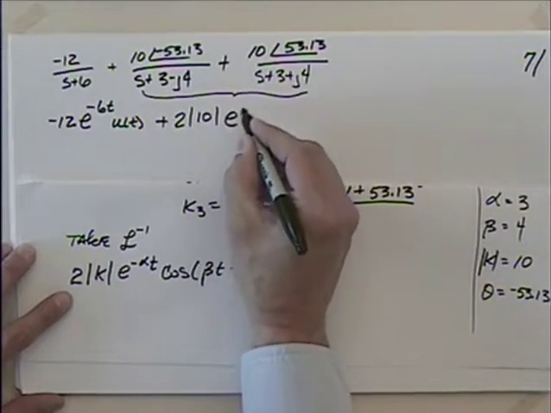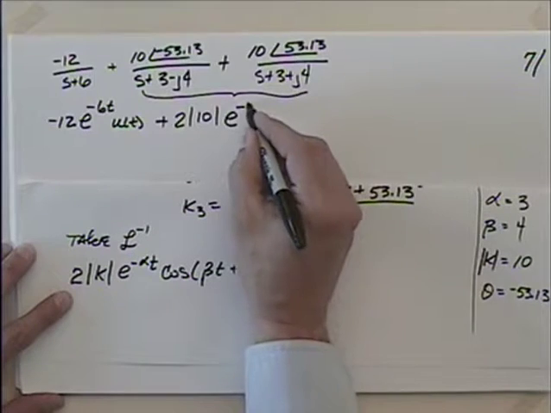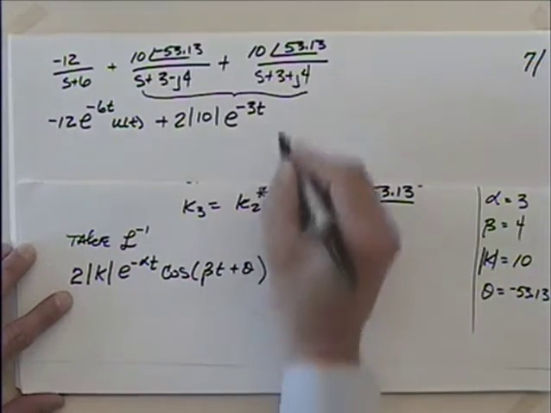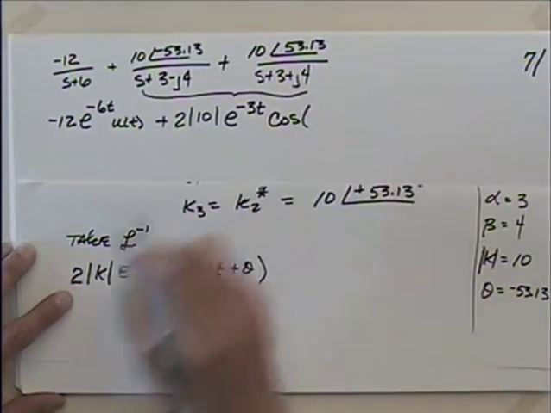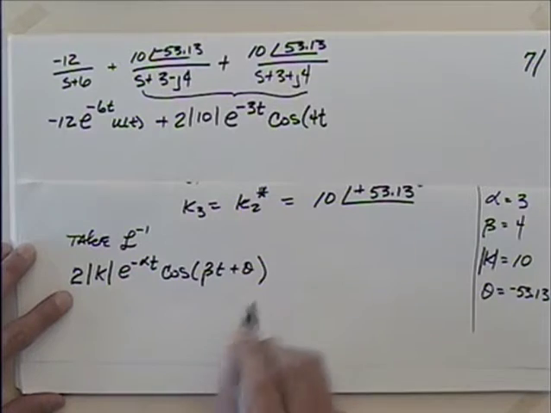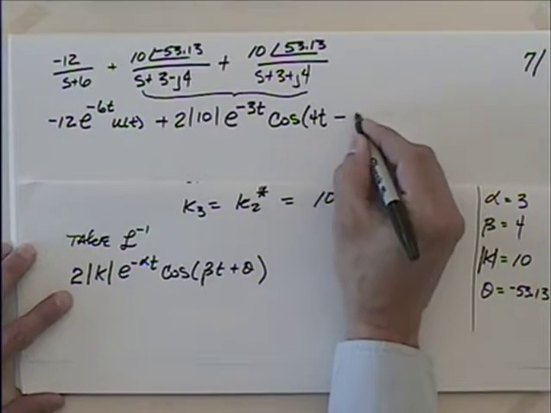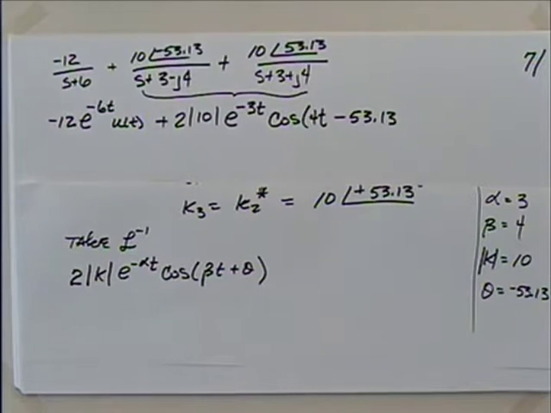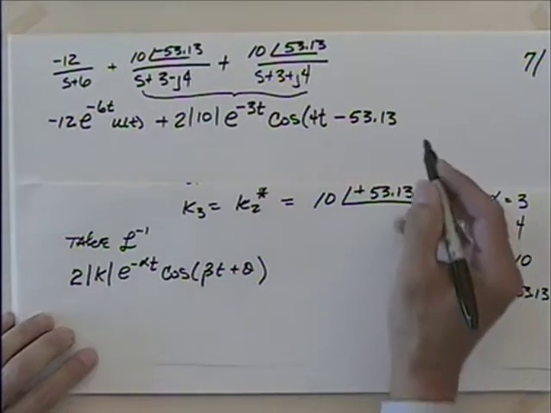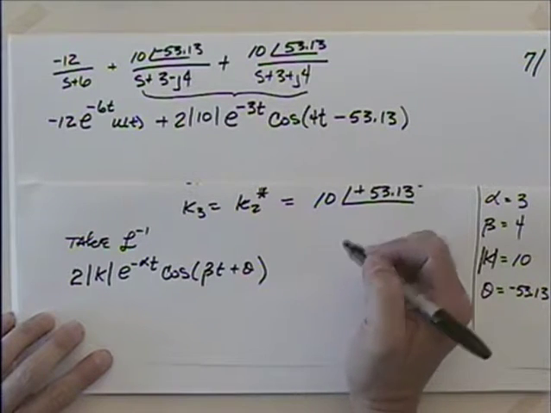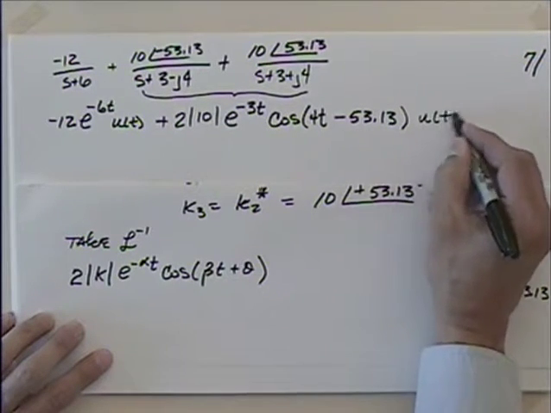And then I have e to the minus, what was alpha? Alpha is 3, so e to the minus 3t cosine of beta, which is 4, so 4t. And then theta was minus 53.13, and that negative came with the theta. And that would be what, u of t.